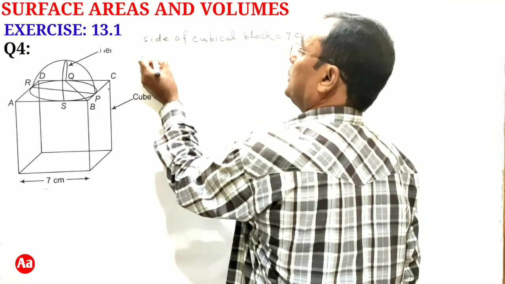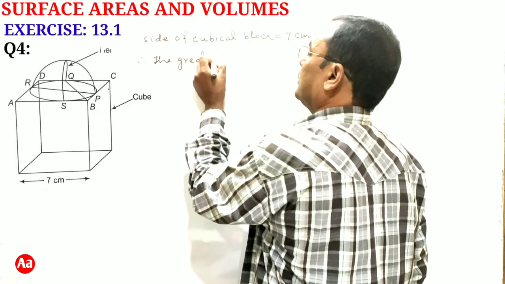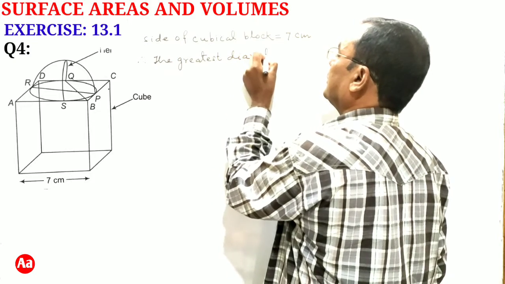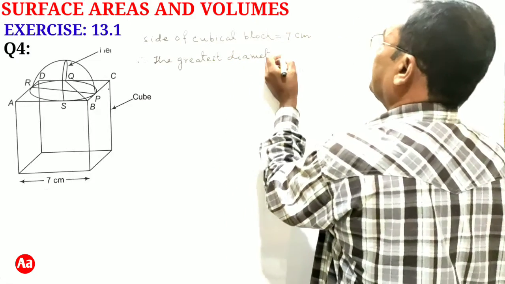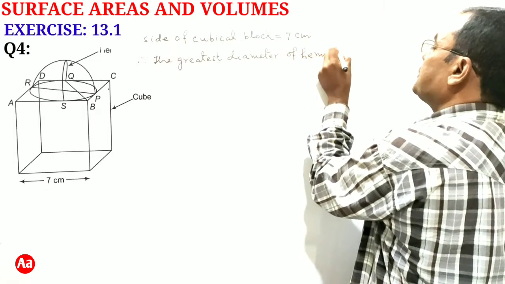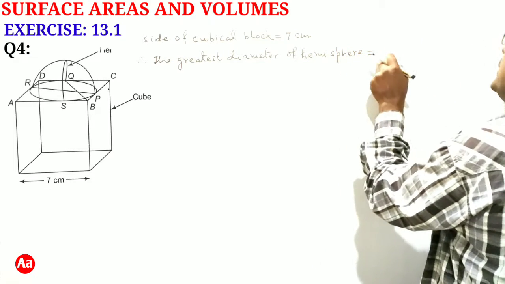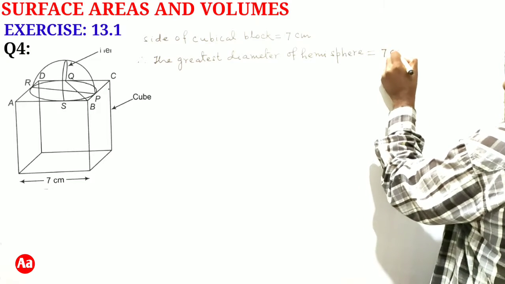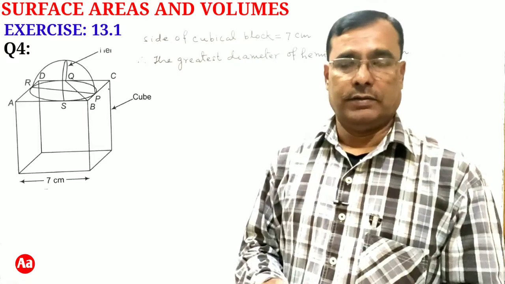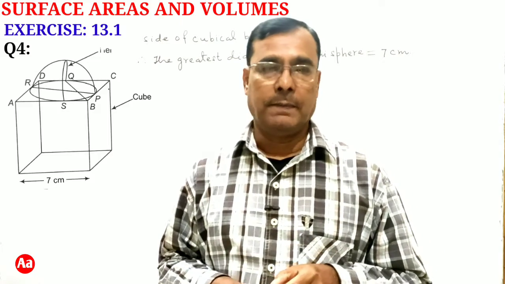So therefore the greatest diameter of the hemisphere will be 7 centimeter. And now we have to find the surface area of the solid.